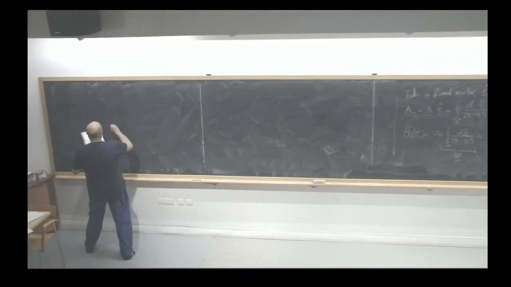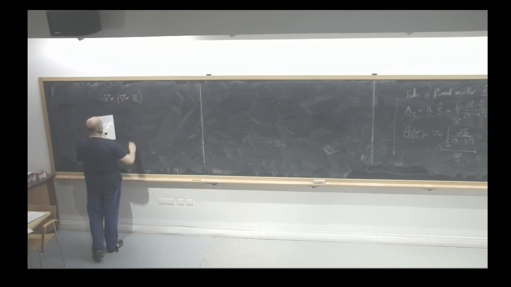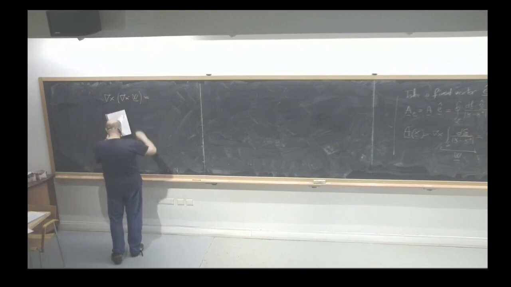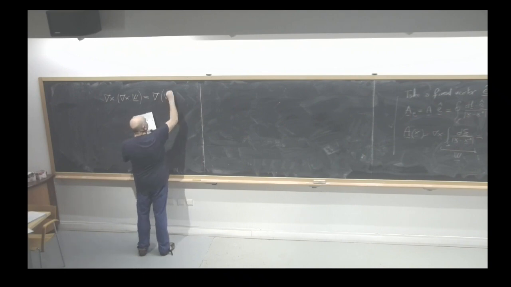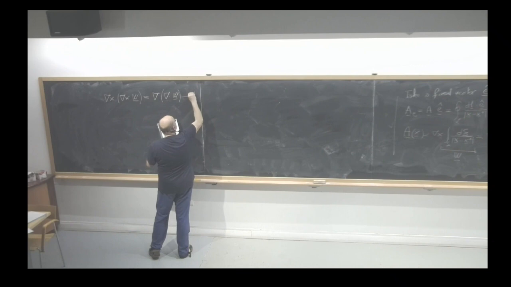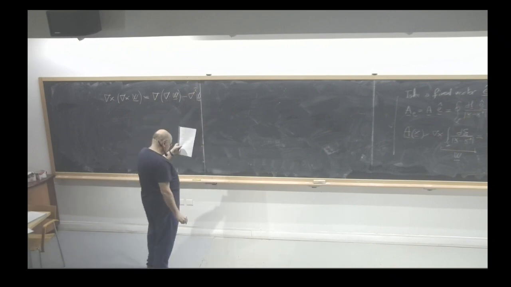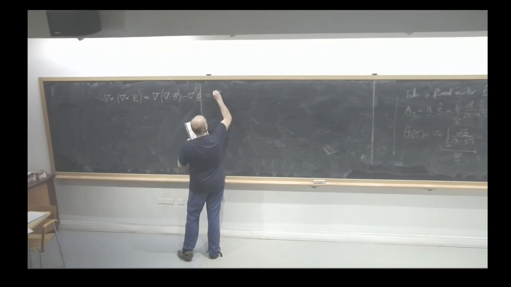Anyway, the curl of the curl of W, you know very well what this is. We have the gradient of the divergence, and then we have minus the Laplacian as usual. That was the source of the Poisson equation for vorticity. And this goes on like this.